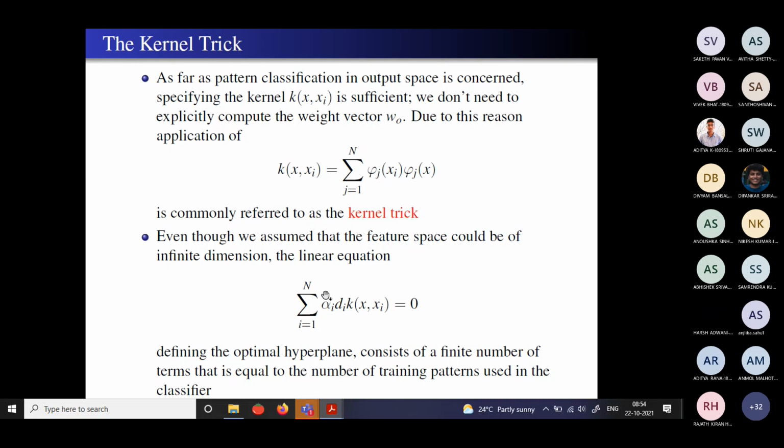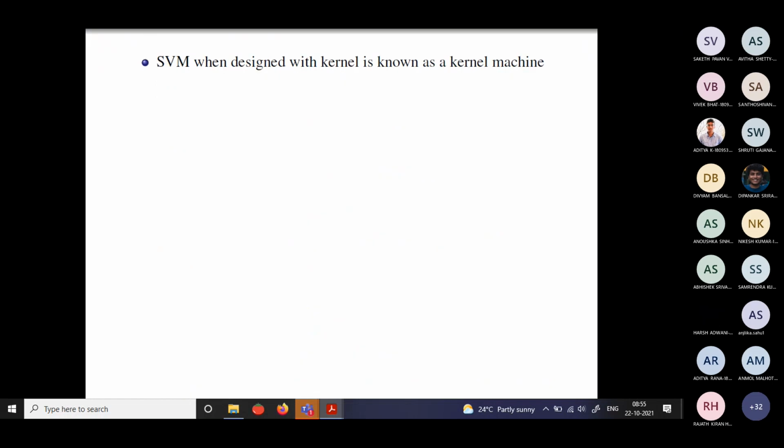That we now wrote in terms of k: sum over i equal to 1 to n of alpha i d i k(x, xi) equal to 0. Now, defining the optimal hyperplane consists of a finite number of terms, equal to the number of training patterns used in the classifier. So we'll see. An SVM designed with a kernel is known as a kernel machine.